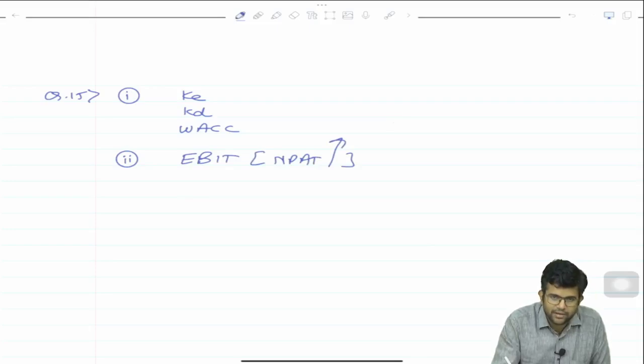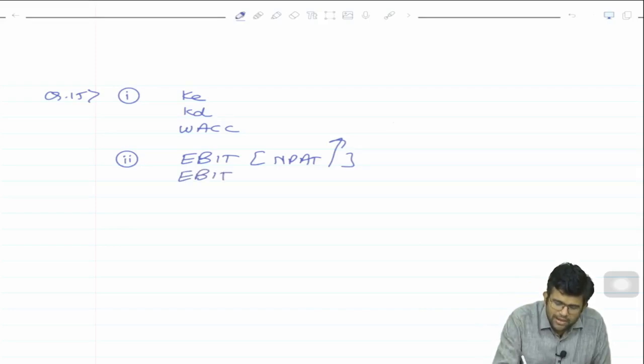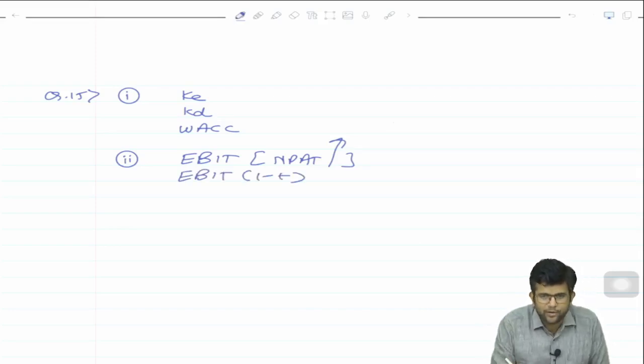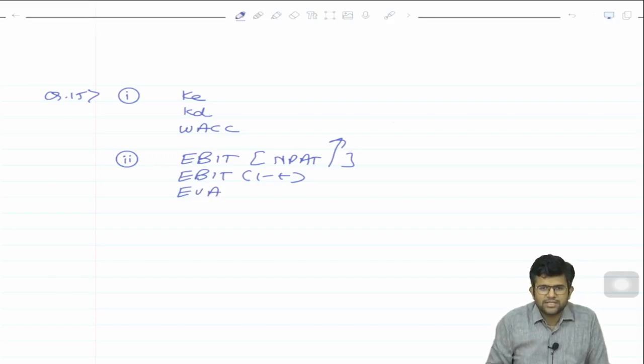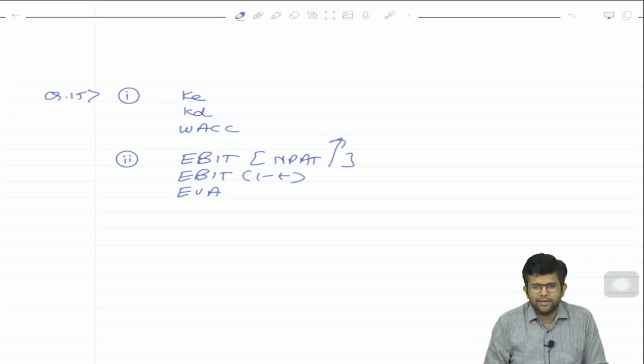Take NPAT and go reverse and get EBIT. Then do EBIT (1 minus T). And then you should be able to calculate EVA. So 6 steps. You want to try this? As and when you get the answer, keep telling me. Start.